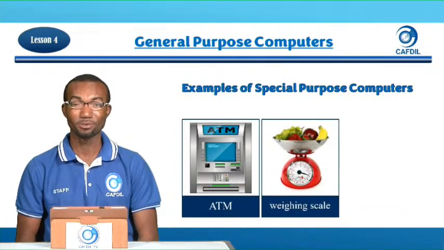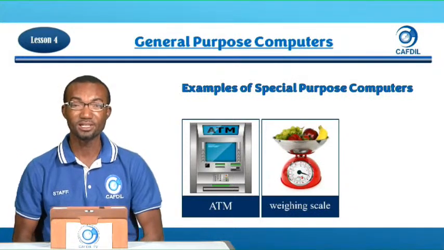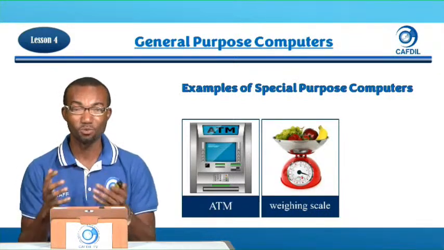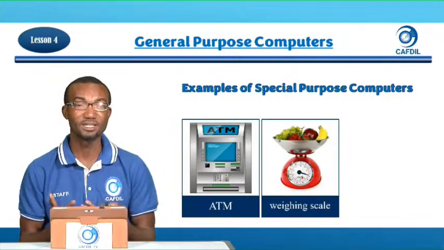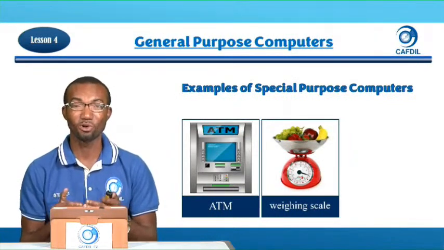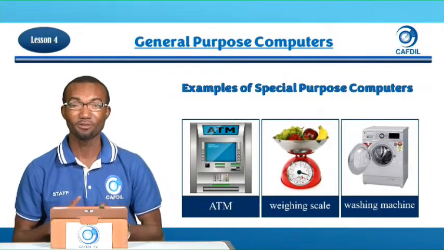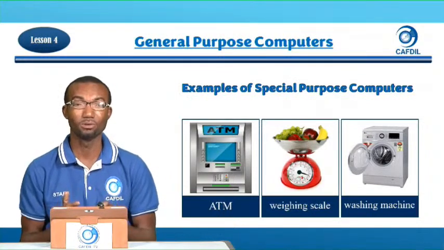The next example is a weighing scale. We use the weighing scale to check the weight of objects. Apart from checking the weight of objects, the weighing scale cannot be used for any other work. So weighing scale also falls under special purpose computers. We also have washing machine. We use the washing machine to wash our clothes.